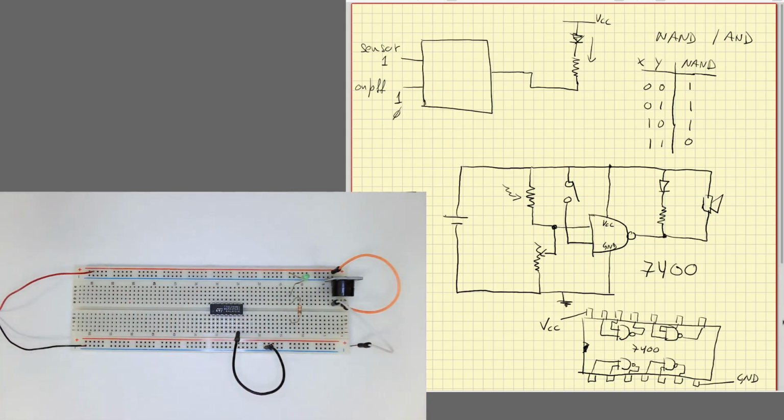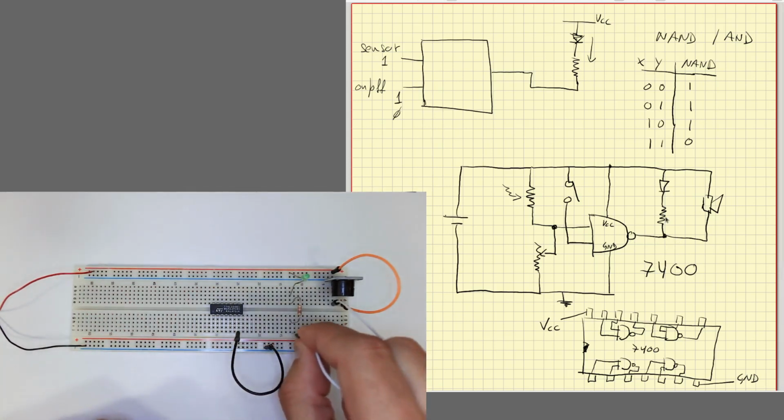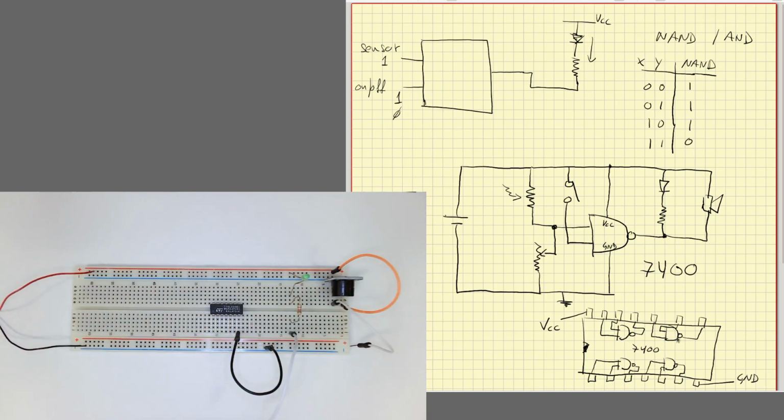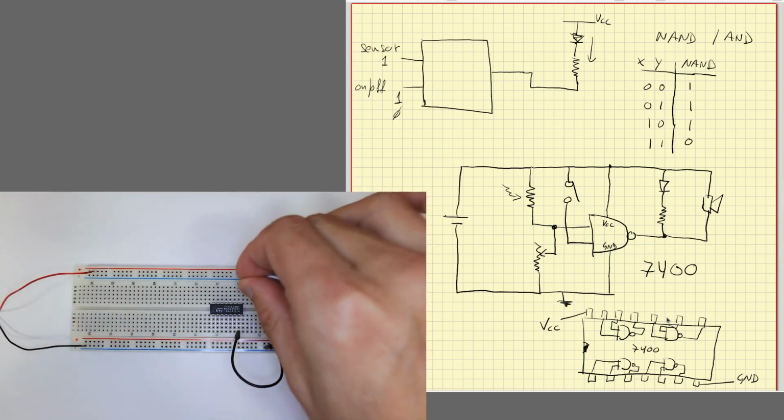And as you see, the output goes directly to this node here. We have to decide which of the NAND gates we want to use. We can use any of them, like the one on the top, for example.